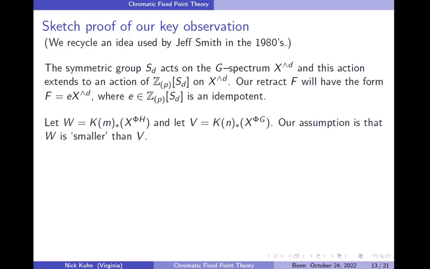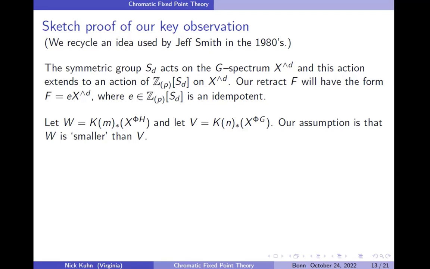Okay, so this is the form that my argument is going to take. Let's think about linear algebra and representation theory. Let W be a vector space over this one field, K_m, and let V be a vector space over this other field, K_n.